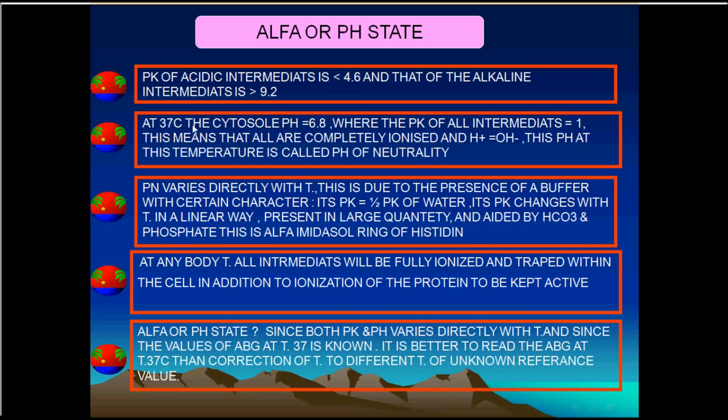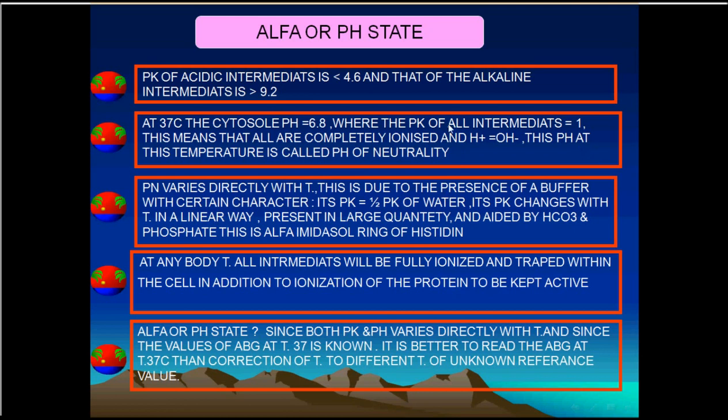At 37 degrees centigrade, the cytosol pH, as we mentioned before, is 6.8, where the pK of all intermediates at that time is usually 1. This means that all intermediates are completely ionized, meaning the hydrogen ion equals the hydroxyl groups.